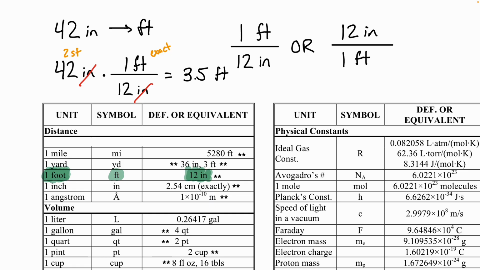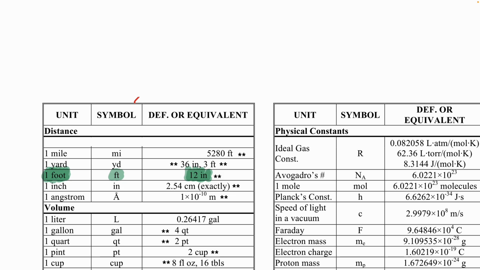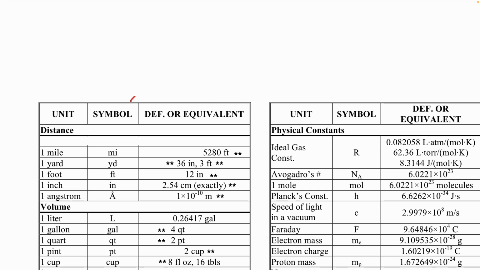So let's do another one here. I want you guys to do this from scratch. Okay, let's again take our 42 inches, but you're going to convert that into centimeters for me.